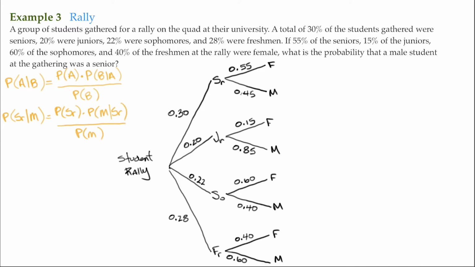So what does that all mean? Well, this is the group that we want to find. What's the probability that they're a senior given that they're male? So we're going to find each one of these here for the males, because that's what we're concerned with. So 30% times 45%.